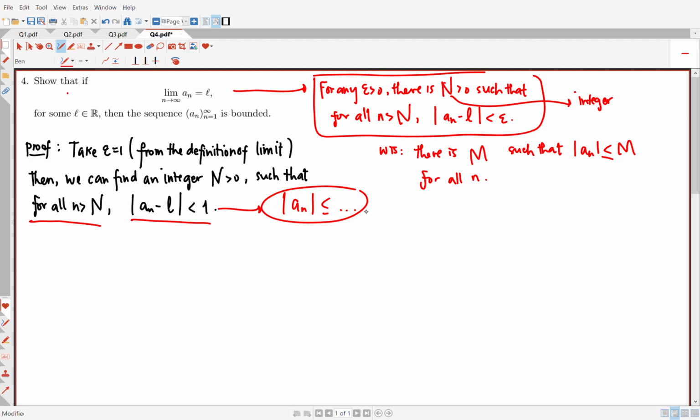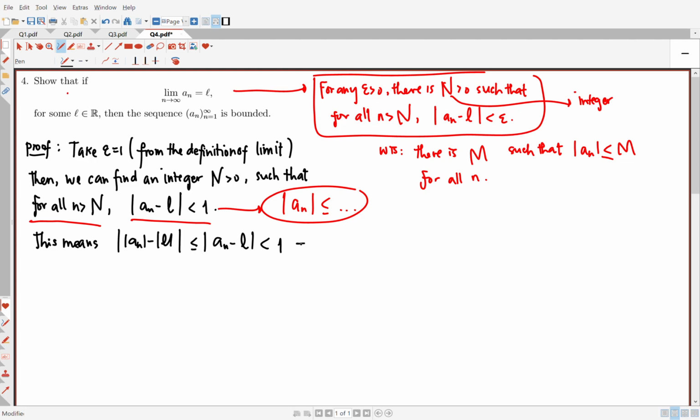So our aim now is to get this. I want to get the form absolute value of a_n, so we can make use of this trick. This is more than or equal to the absolute value of a_n minus the absolute value of L.